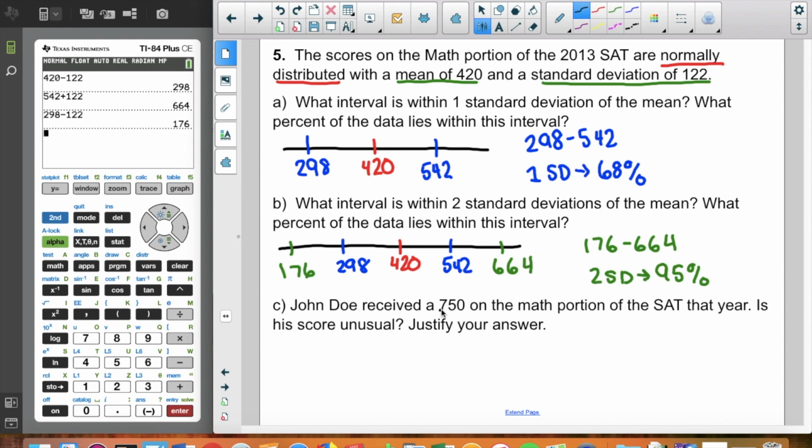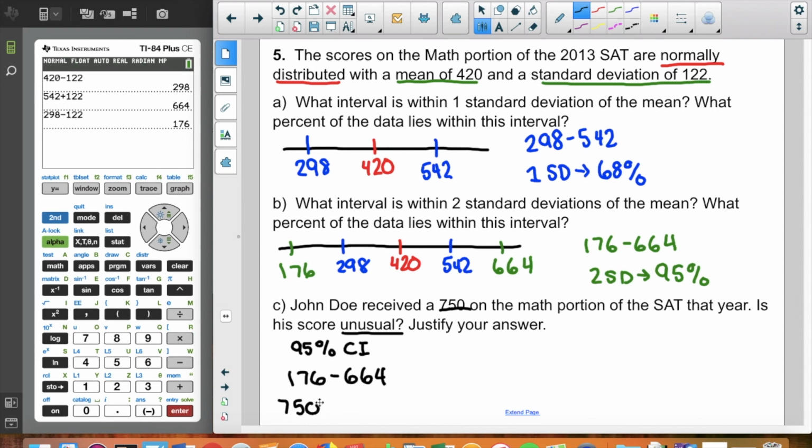John Doe received a 750 on the math portion of the SAT that year. Is his score unusual? So we have to use the 95% confidence interval here. Our 95% confidence interval we found was 176 to 664. 750 is not in that interval.